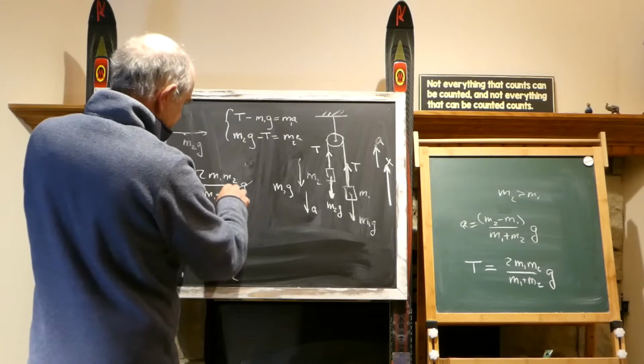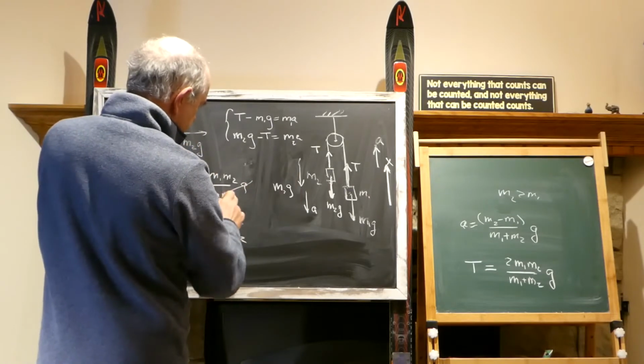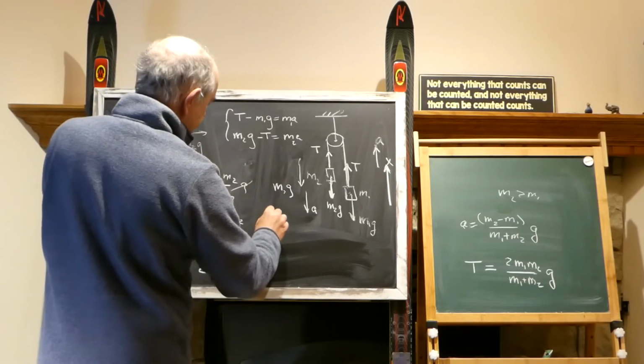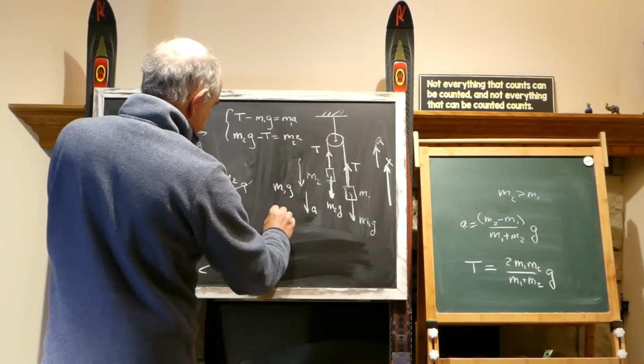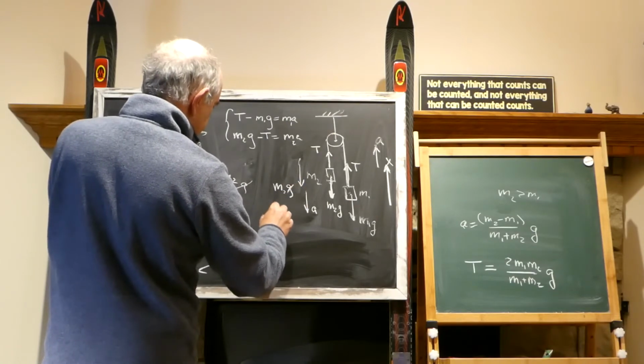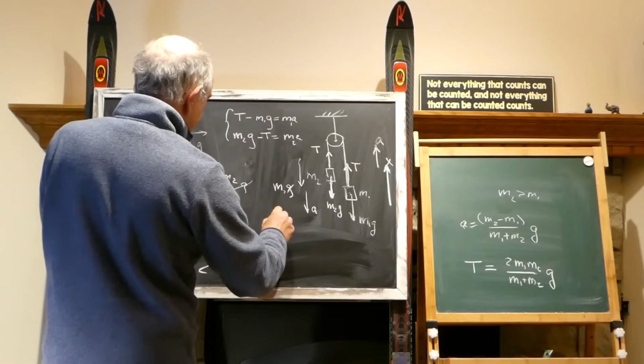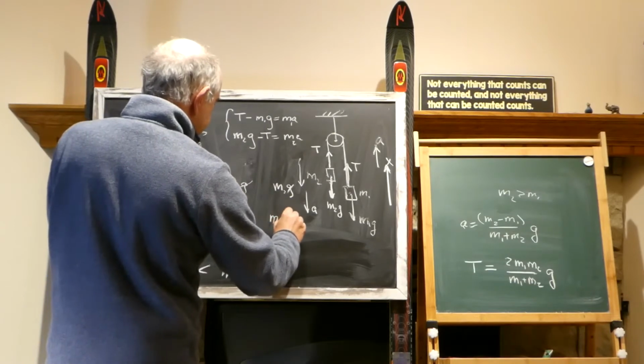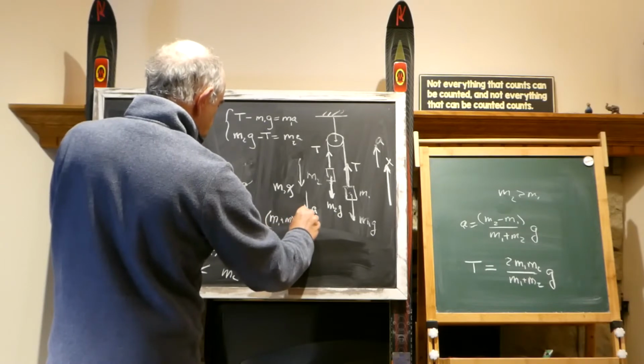Looking only here, it will be 2M1M2, and G is gone, and I have M1 plus M2 multiplied by M2.